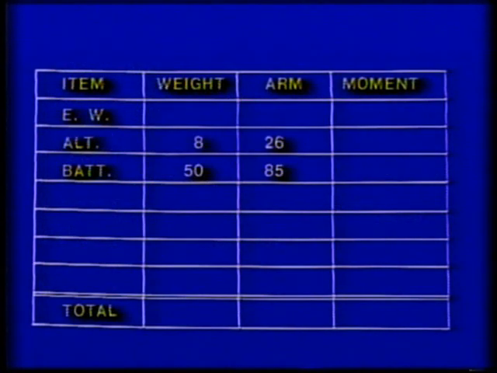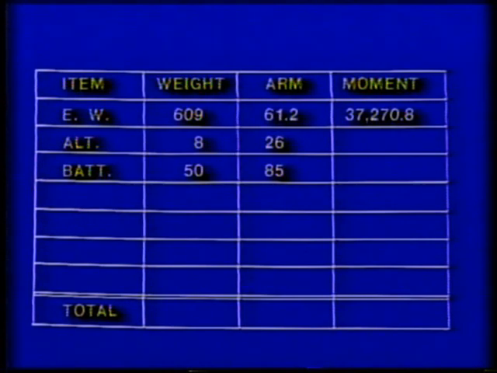The information on the aircraft documents is filled in on the chart. The empty weight of the aircraft is 609 pounds, and the empty weight center of gravity is at station 61.2. Multiplying, we find the empty weight moment is 37,270.8 pound-inches.